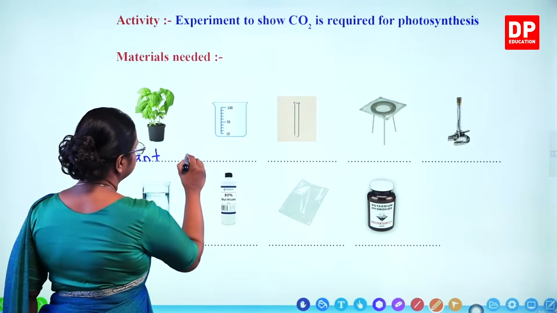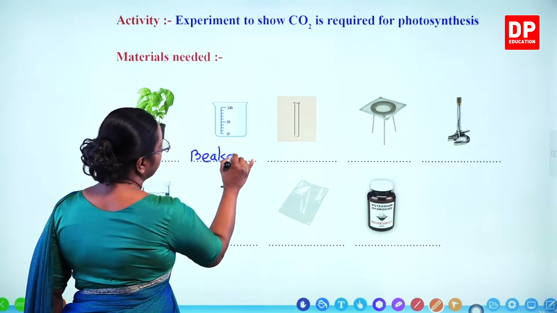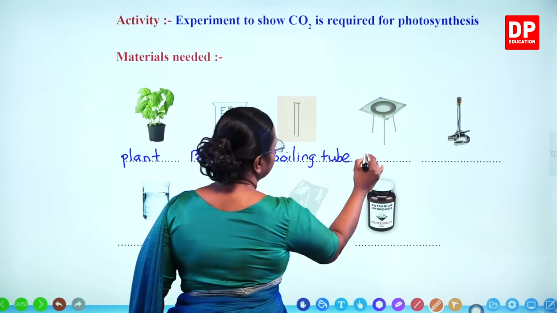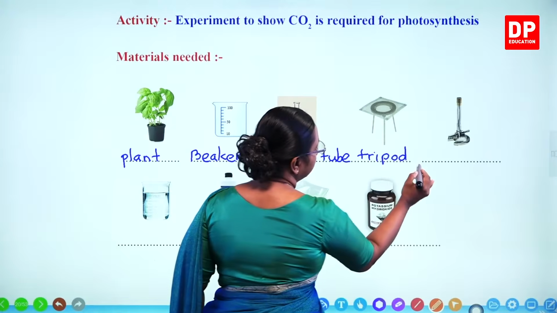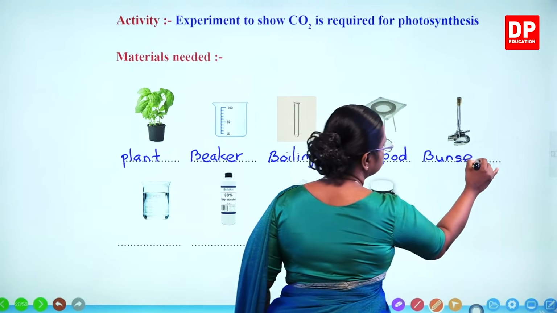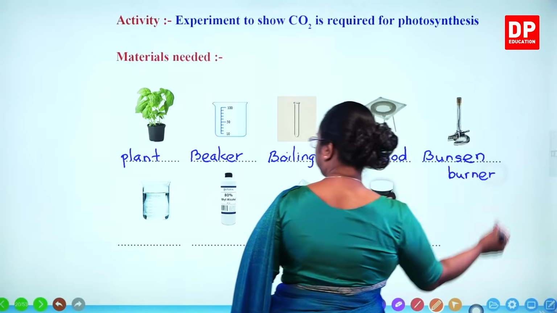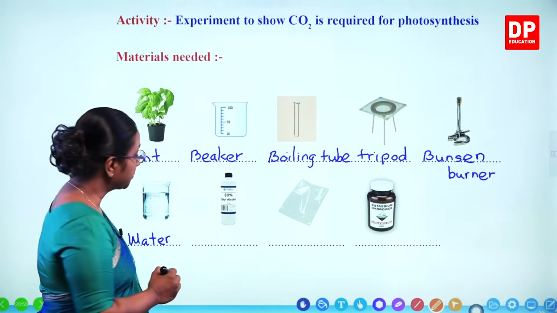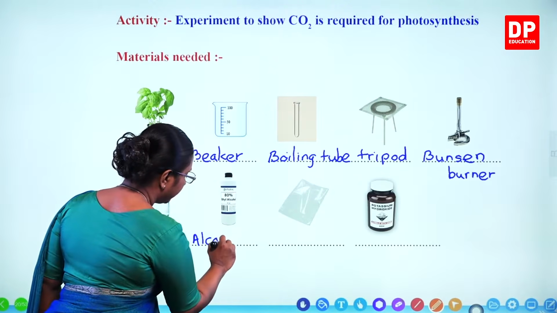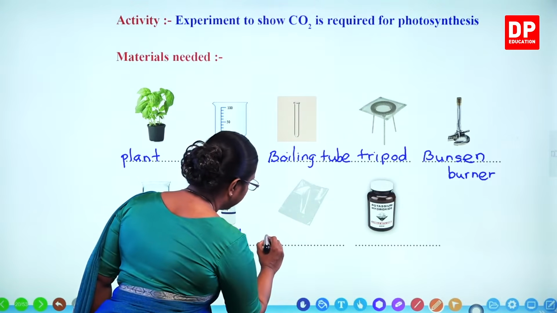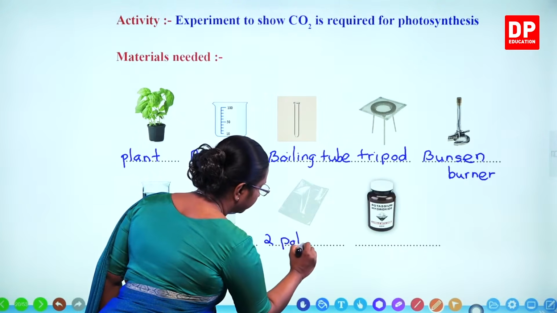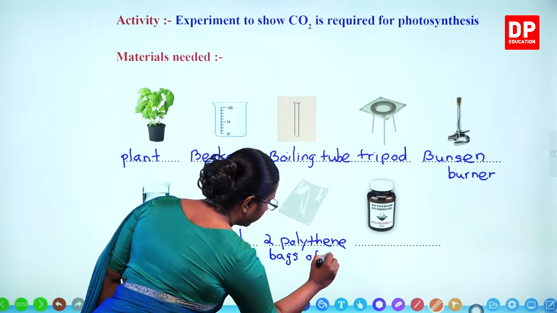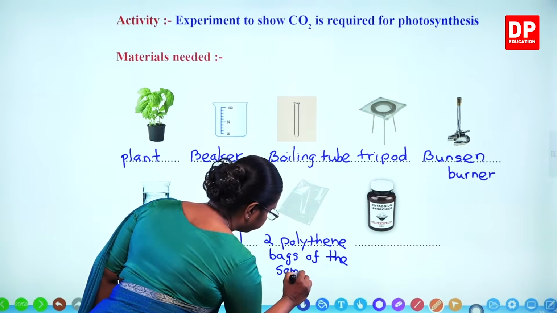Then we need a beaker, a boiling tube, the tripod, we need the Bunsen burner, we need water for the test for starch, then alcohol or ethyl alcohol, and here we need 2 polythene bags of the same size.